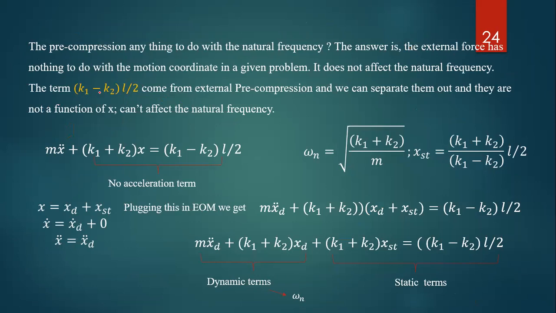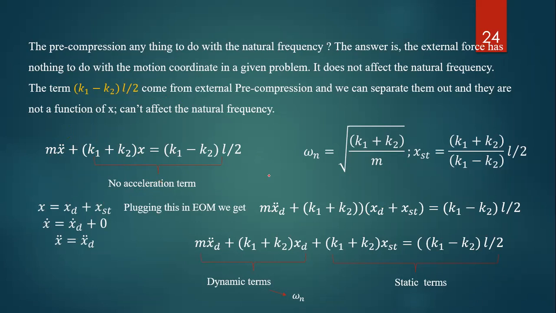The term (k1 minus k2) L over 2 comes from the external force, and we can separate it out. It is not a function of x and cannot affect the natural frequency. So in our equation m x double dot plus (k1 plus k2) x, there is no acceleration term in this part.